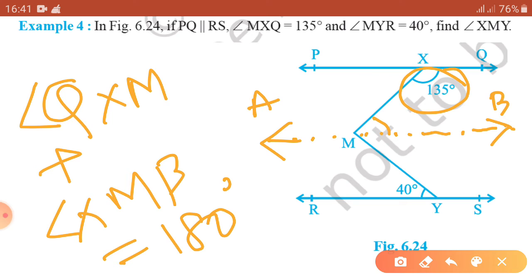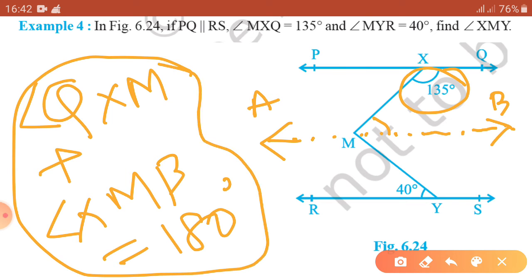So the interior angles on the same side of the transversal XM are QXM and XMB, so the total will be 180 degrees. We know the sum of the interior angles on the same side will be 180. So here we can say that QXM and XMB are equal to 180 degrees.